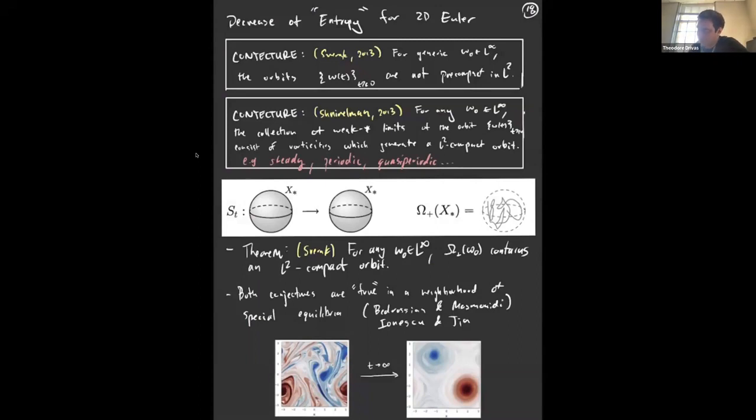So it's exactly this picture that things will generically mix, and what they mix to is, in that case, steady states that are shear flows. Of course, it's not really generic in a bigger space like L infinity, because these perturbations are in a very strong topology, but morally, it's the spirit of it.